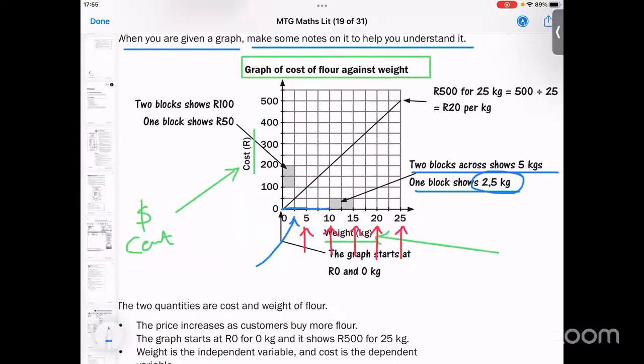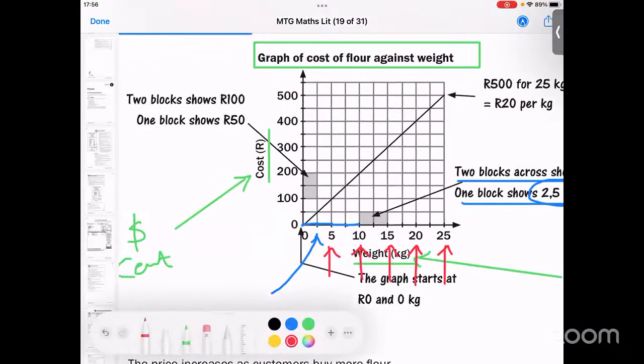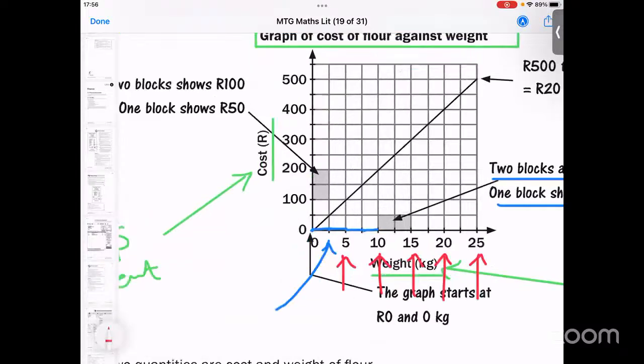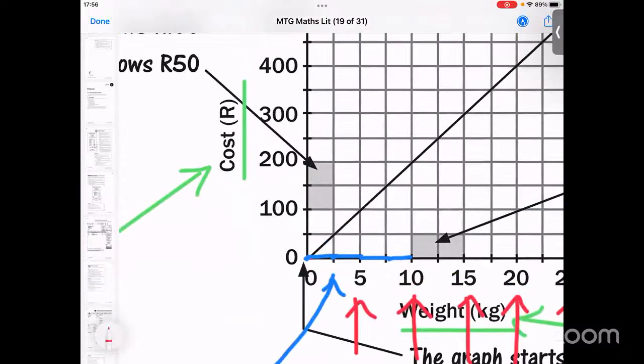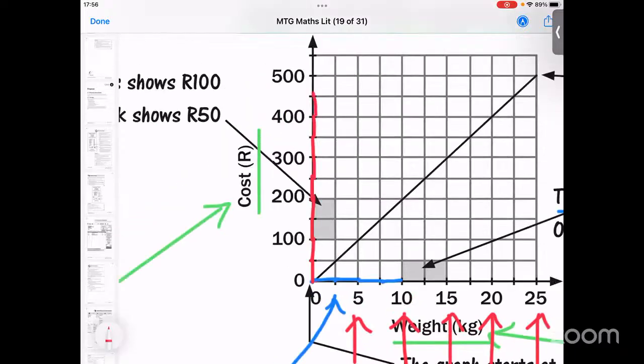So let's now try to interpret the vertical line. Since this one refers to the cost in rands, would it not make sense to say from the 0 to the one in the middle, it is 50 rands, because from there, another block takes you to 100 rands, 150 rands, 200 rands, 250, 300, 350, 400, 450, 500, 550, and so on.